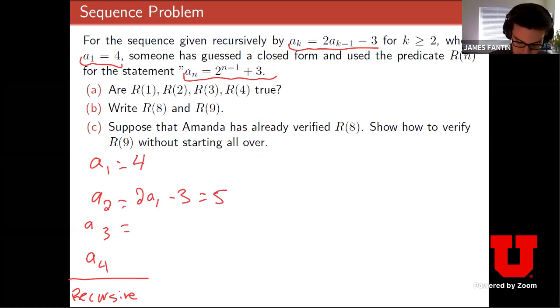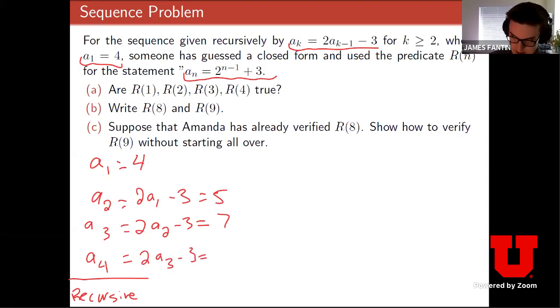That's 5. And then a sub 3 is 2 times a sub 2 minus 3, which is 7. And then a sub 4 is 2 times a sub 3 minus 3, which is 11. And that's just from the recursive formula.